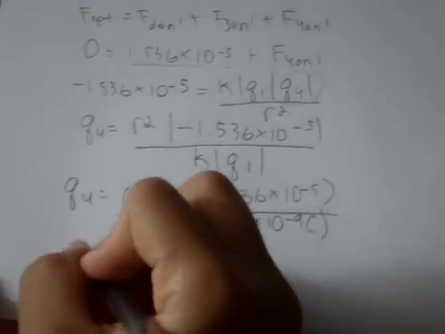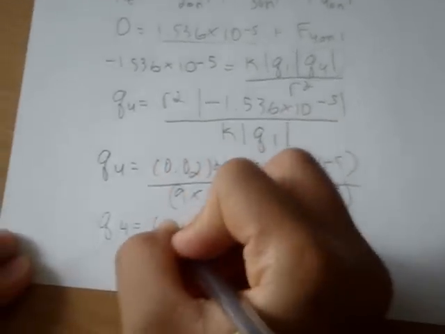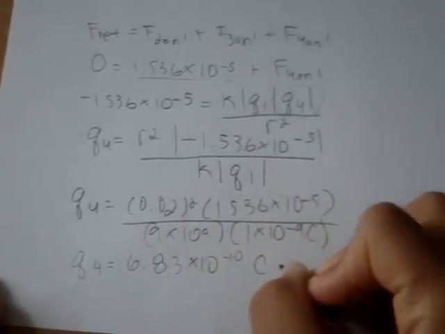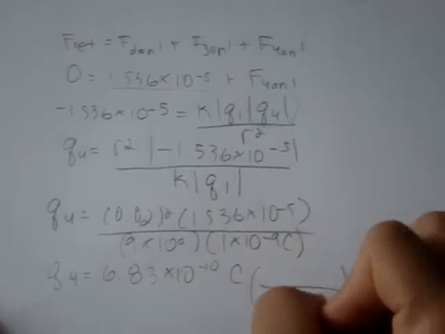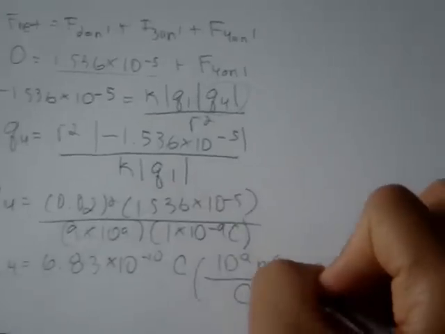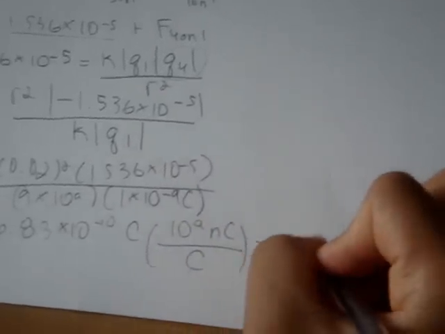And then when we solve that out, I get 6.83 times 10 to the negative 10 coulombs. And if we want to change that to nanocoulombs, you can use unit conversions and you get 0.68 nanocoulombs. And that is your answer.